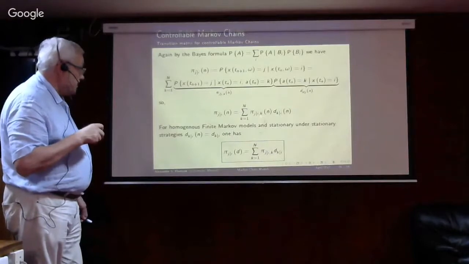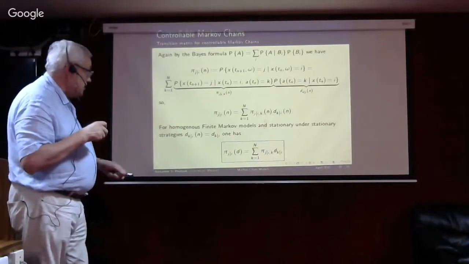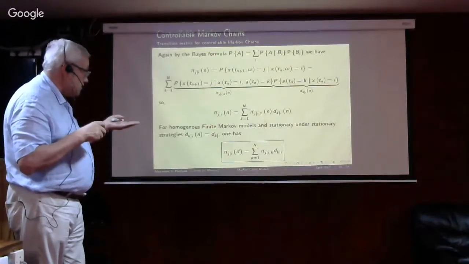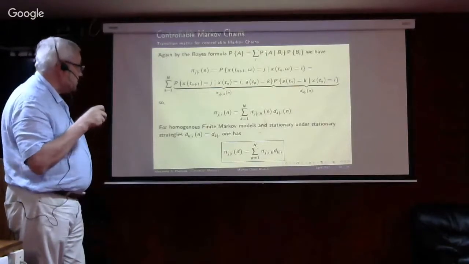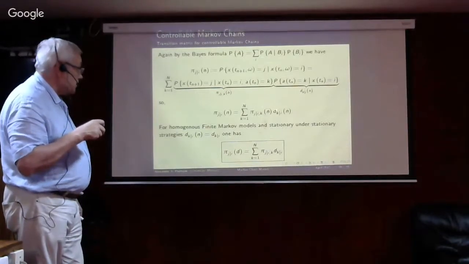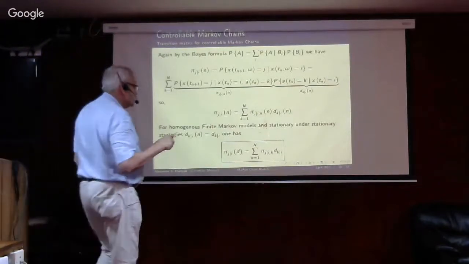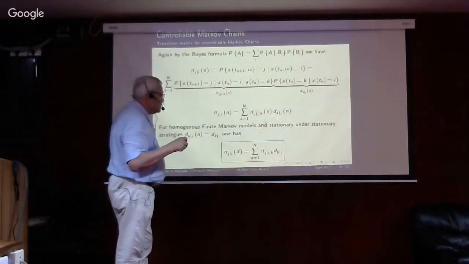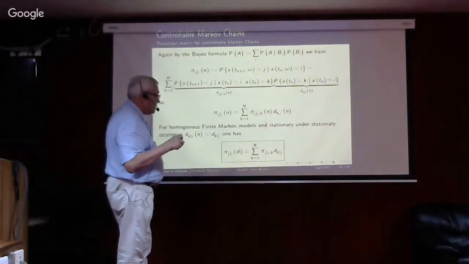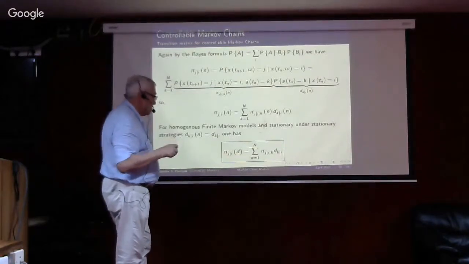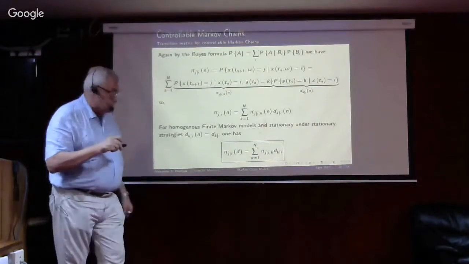We can realize this using one model or another model, and if we make a summation by the Bayes formula, we can realize this dynamic. So the generalization is this: if our chain is not controllable, we deal with this. If it is controllable, we extend the matrix and introduce strategy D. So this is a general representation.